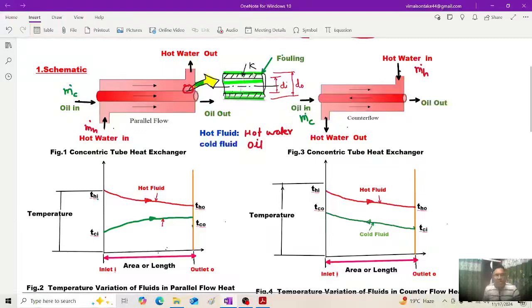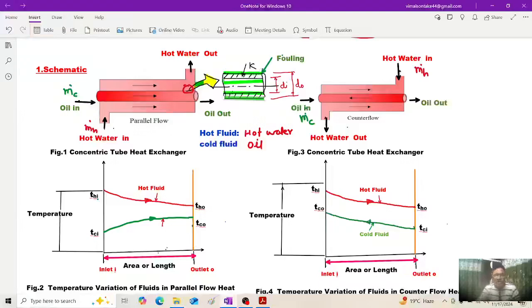And the effect of this fouling is to reduce the heat transfer rate and will be taken into consideration by the fouling factor for both the surfaces. That is, the fouling factor for fouling on the inner side, RFI, and the fouling factor for fouling on the outer side, that is RFO.